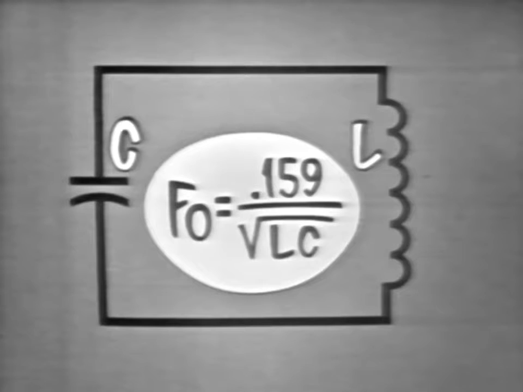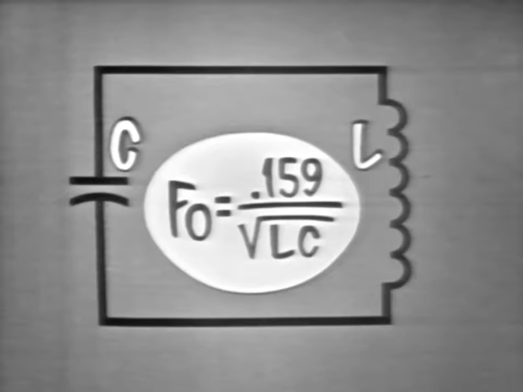In the LC circuit, L and C compare to the rubber bands and the weight, the frequency determining device. And as you recall, the resonant frequency of the tank can be determined by the formula f sub O is equal to 0.159 over the square root of LC. Or very simply, the frequency is determined by the size of L and C.